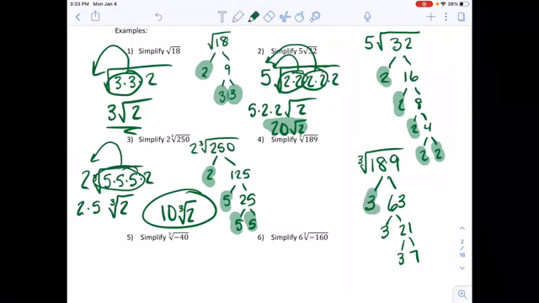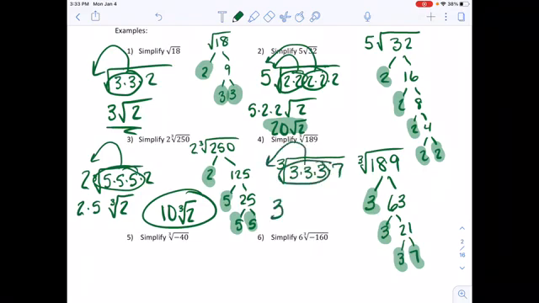And we found all the way down to our primes. We do have a group of 3. If there's not a group of 3, you can't simplify the cubed root. So we end up getting 3 cubed root of 7 as our solution to that one.